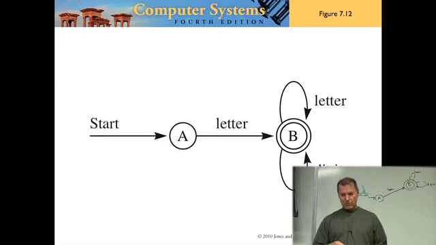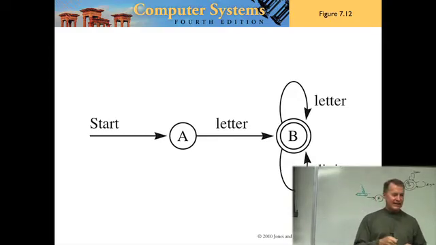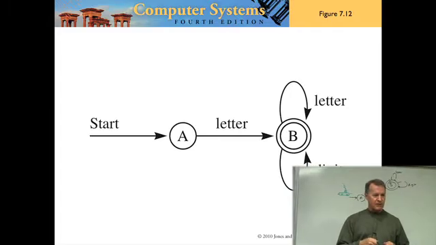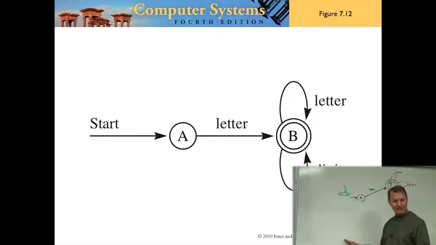Because what are the rules for a full finite state machine, not simplified? If you end in a final state after you've scanned the last terminal, then the string is in the language.